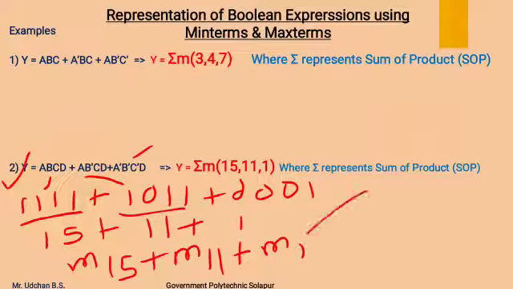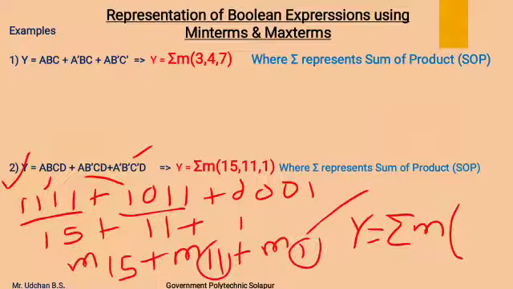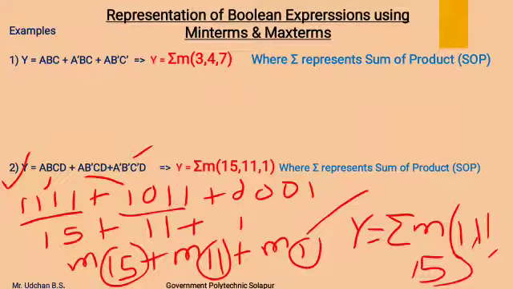So in short I can write the expression in the form of min terms as y is equal to summation small m. Again I will write these numbers in ascending order: 1, 11 and 15. This is how we can write a given SOP expression in the form of min terms.